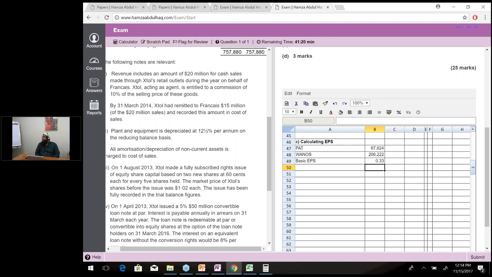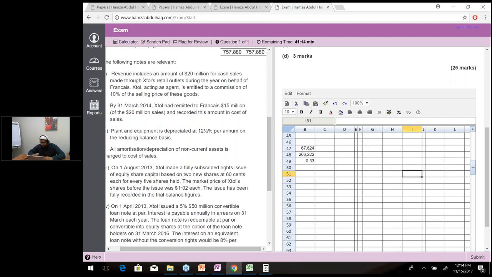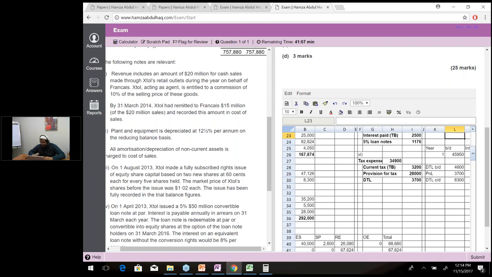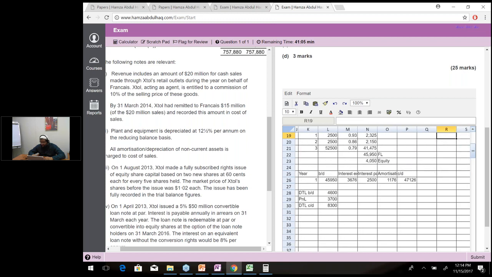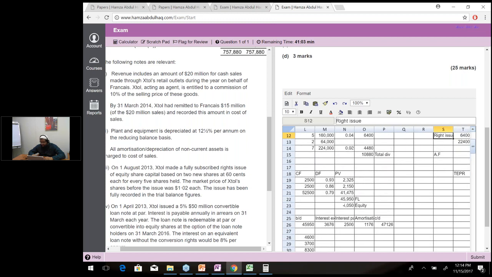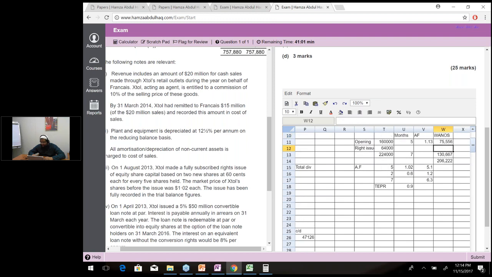Smitha is saying I didn't understand the 1.13 adjustment factor. Actually, Smitha, the treatment of adjustment factor is a bit difficult, but this is something that you would learn in detail in your paper F9. Right now, we have just solved this at a basic level.